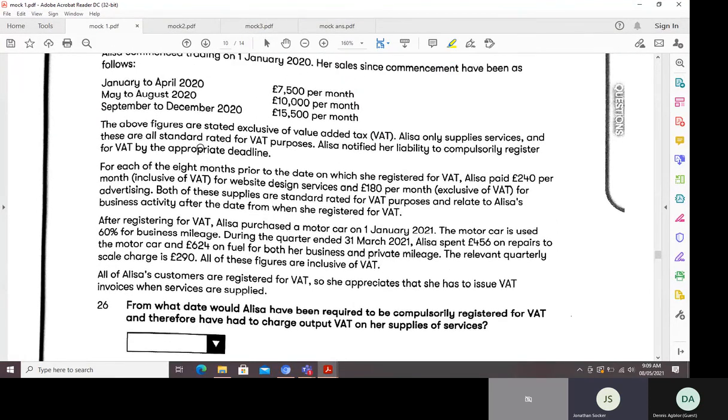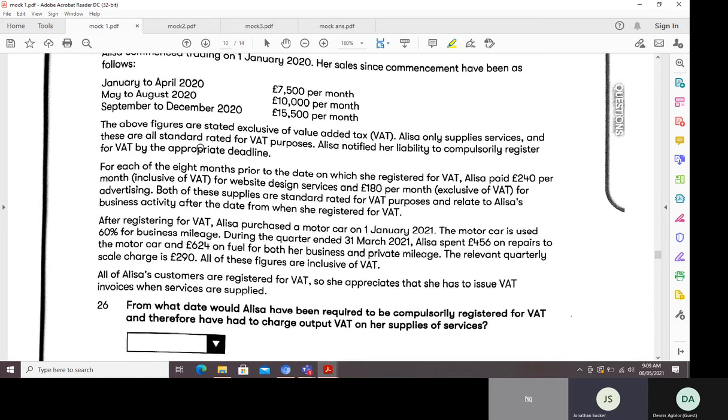Okay. Now, there is a limit for compulsory VAT registration. There's a limit of sales you have to meet that the law will require that you have to apply and get registered and start charging VAT. And that limit is 85,000 sales.